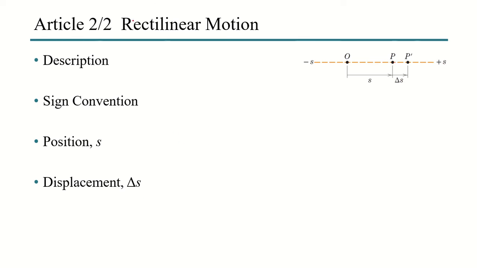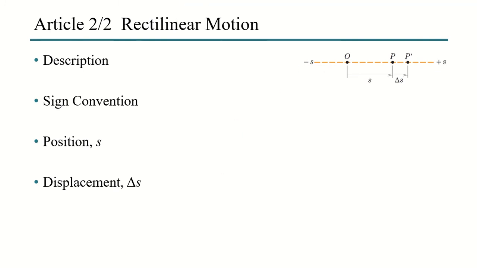And then we have what we call the displacement. But before that, for the sign convention, if the particle is moving towards the right from this reference point O, we have a positive displacement. If it moves to the left of this fixed origin, or the point of origin, this is negative.